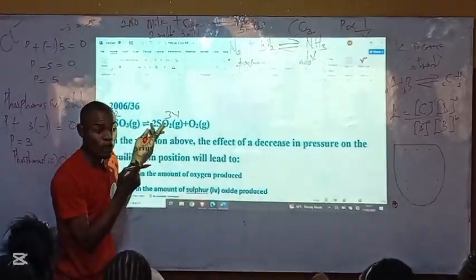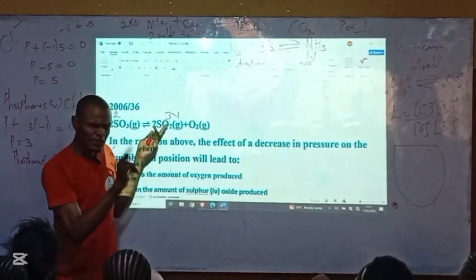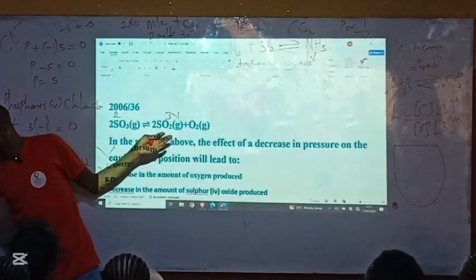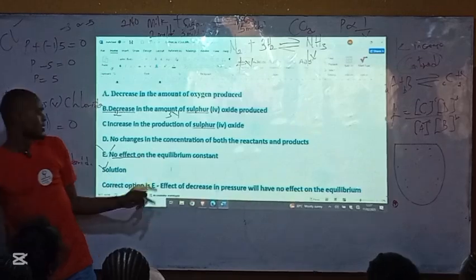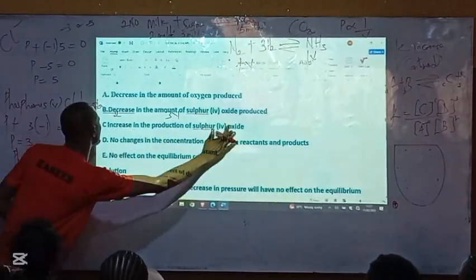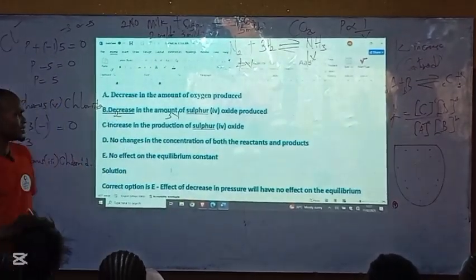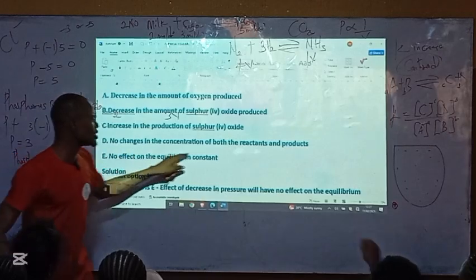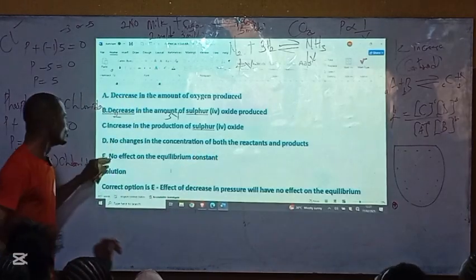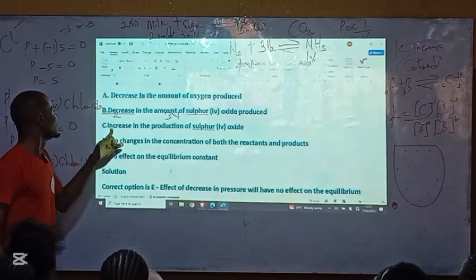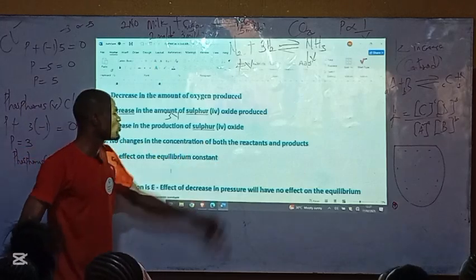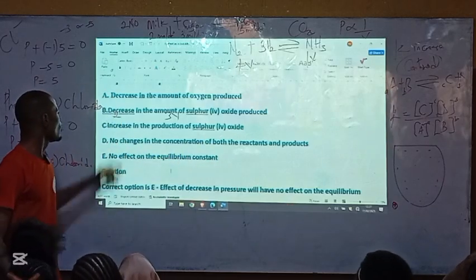There will be an increase in the production of sulfur oxide, which is option C. No change in the concentration of both reactant and product? No. So, an increase in the production of sulfur oxide.